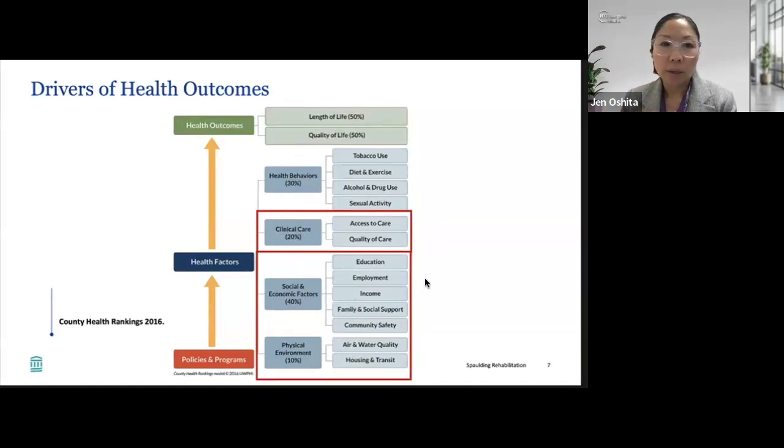So a diagram like this just helps us to differentiate medical care from the social factors contributing to health outcomes, which can lead to more accurate attribution of causes as well as more efficient courses of action, as we talked about in the prior slide.